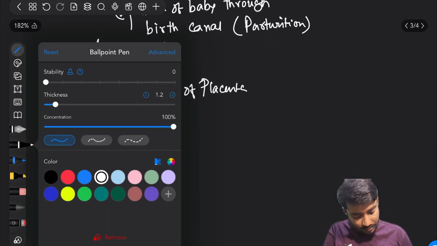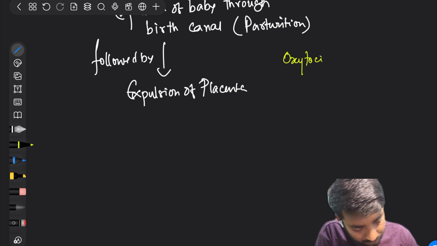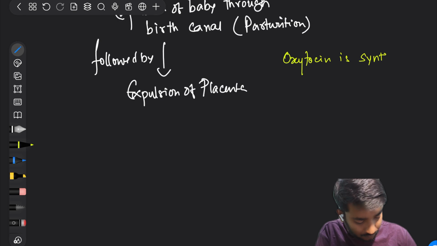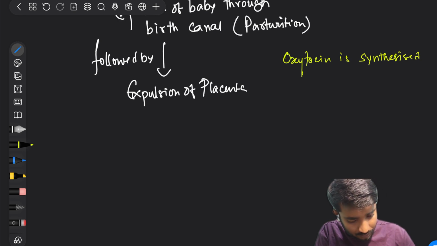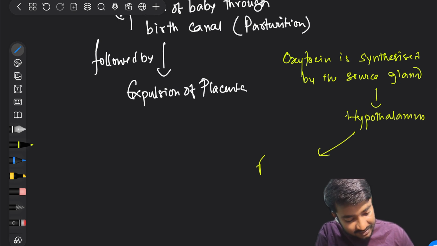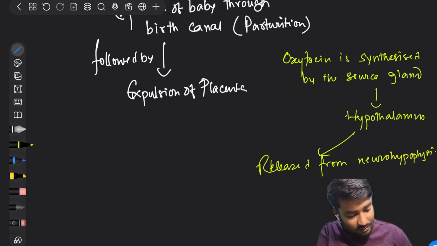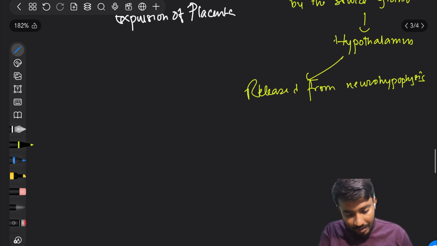Basically, take it as a note. Oxytocin is synthesized by the gland called the hypothalamus, but is released from the neurohypophysis.